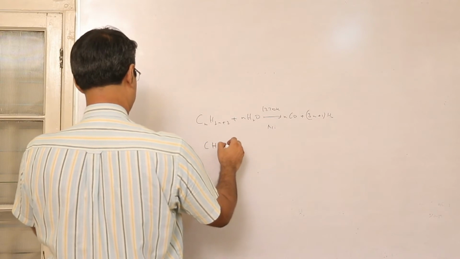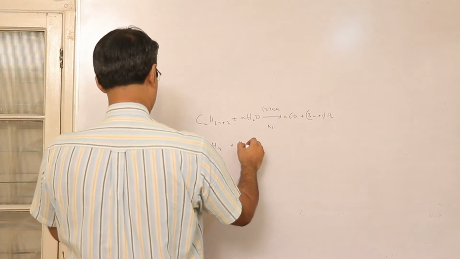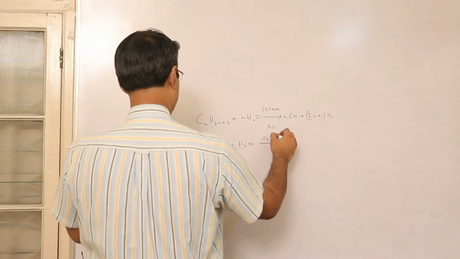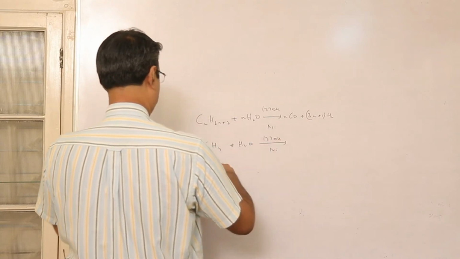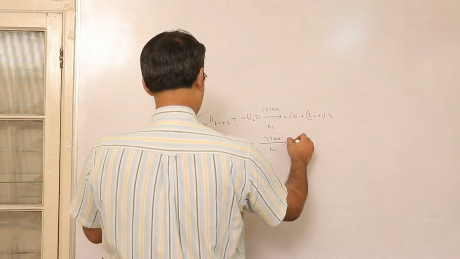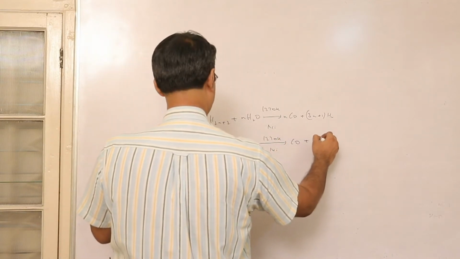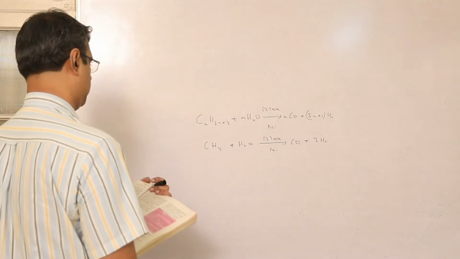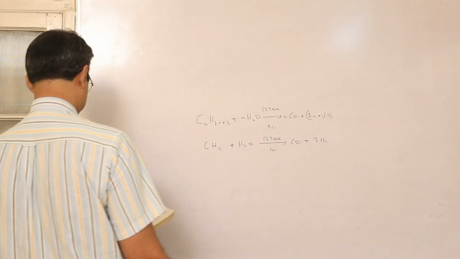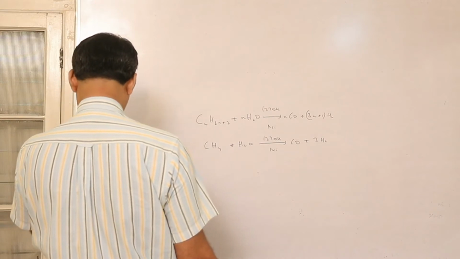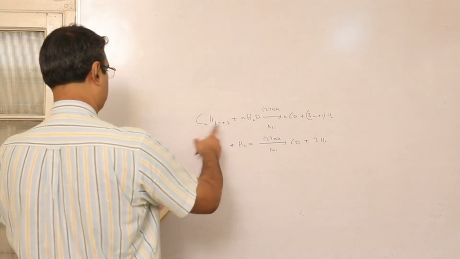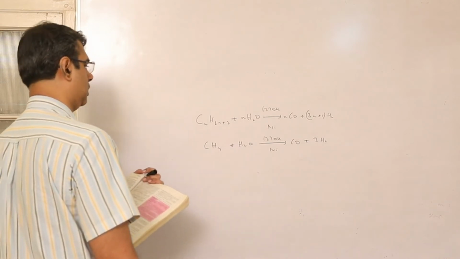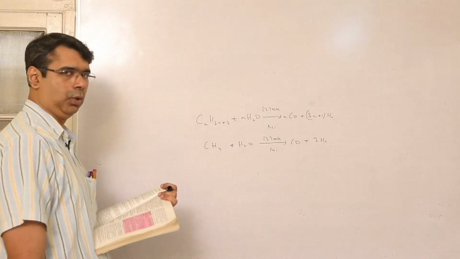A very specific case of this reaction will be CH4 + H2O = CO + 3H2. Now this reaction is applicable for steam with hydrocarbon. It is also applicable for steam with coke.